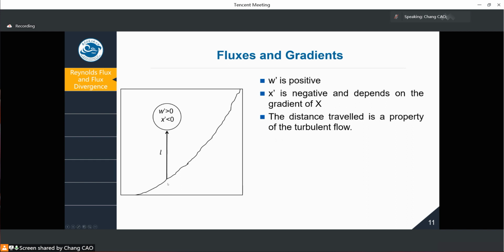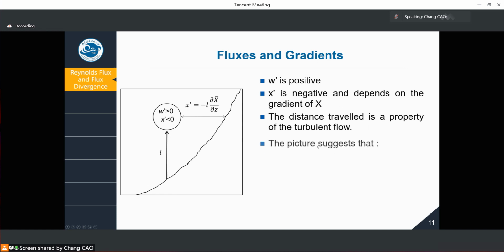So here you just need to know that L is a distance and it has something to do with the property of turbulent flow. And we know that X prime has such a relationship with the gradient of the scalar X: X prime equals minus L multiplied by the z derivative of the mean X. That's the relationship between X prime and L.